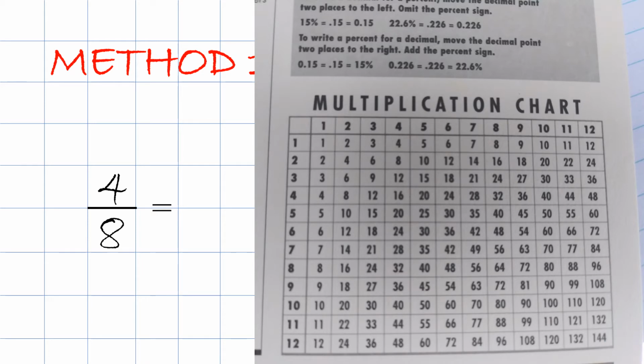So when we look at this multiplication chart, since we are reducing 4/8, we have to find 4 and 8 in the same column. So here we have a 4 and we have an 8, and this is column number 2. But then when we look at column number 4, we also see a 4 and an 8.